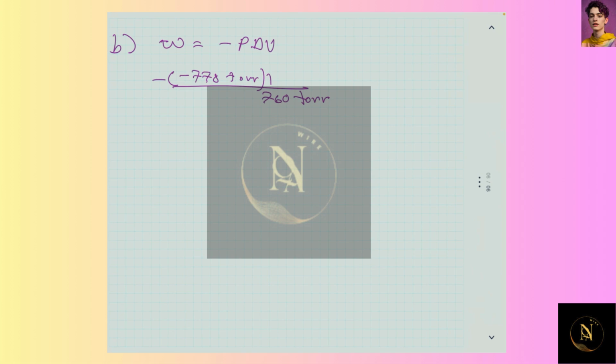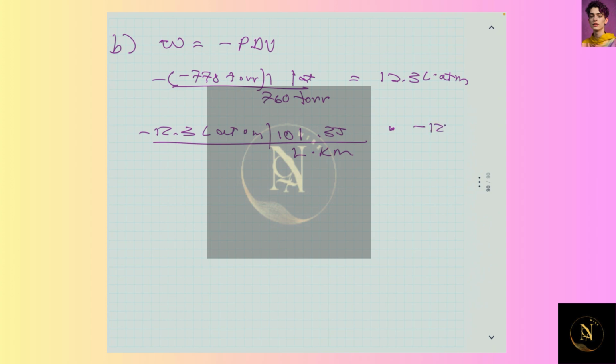What's my given here? 778, 760. And then that will equal 12.3 liters atmosphere per mole. And then negative 12.3 liter atmospheres times 101.3 joules per liter atmosphere, that equals negative 1250 joules.